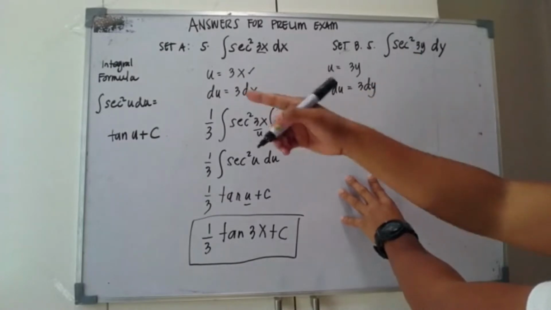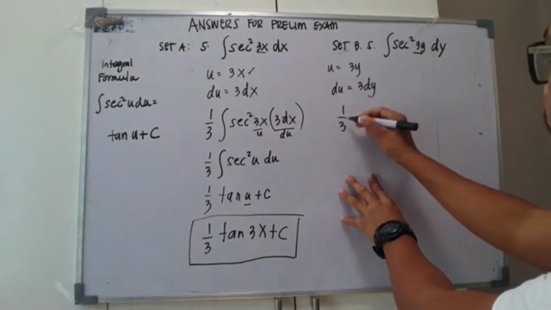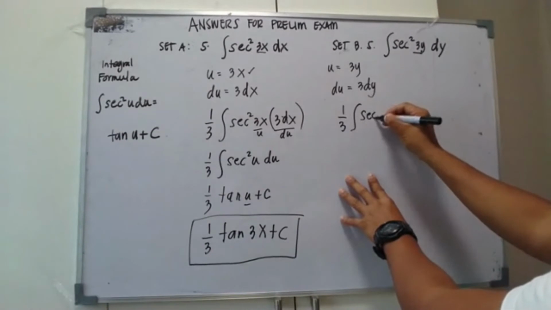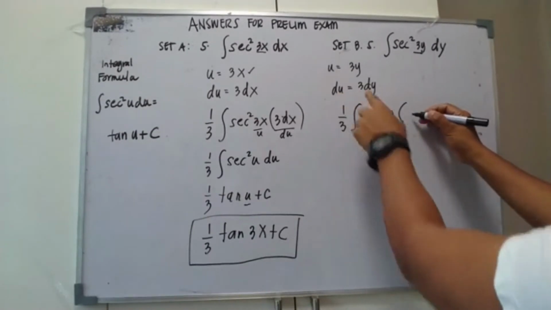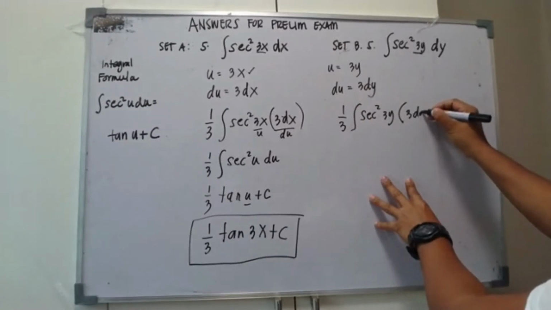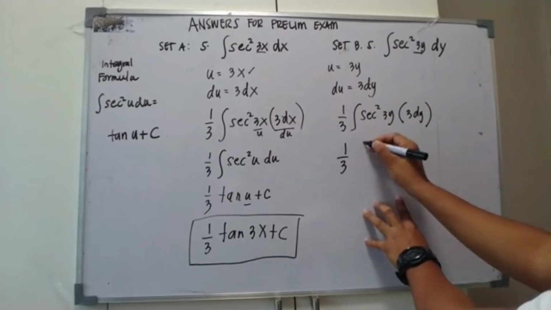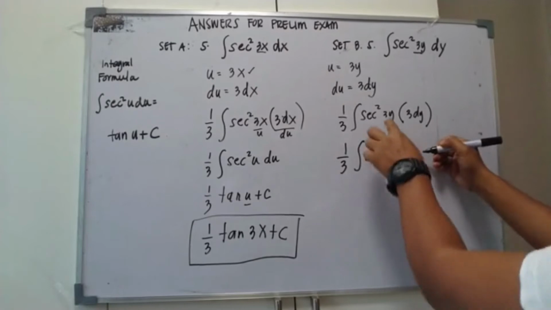So, write it into the original formula. 1 over 3 the integral of secant squared 3y. Then, your du must be 3 dy. So, this is now your 1 over 3 the integral of secant squared of u.